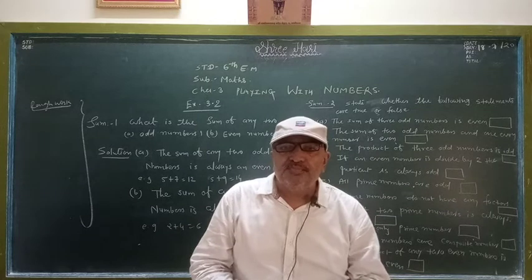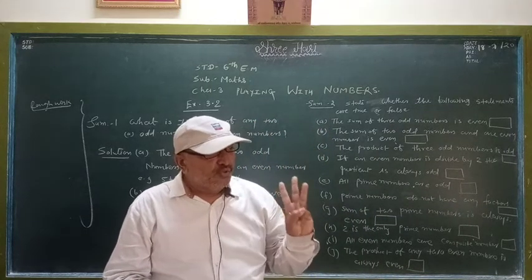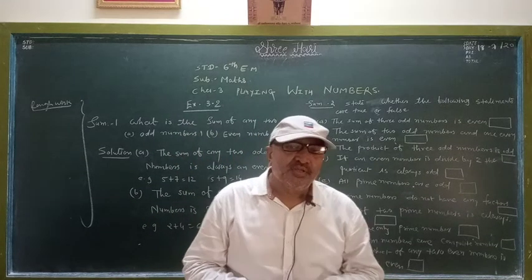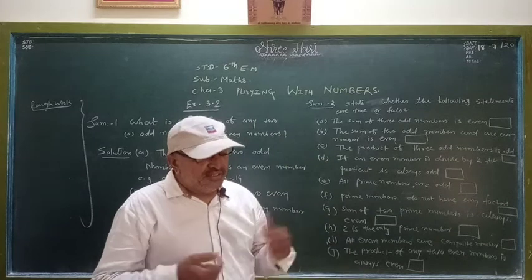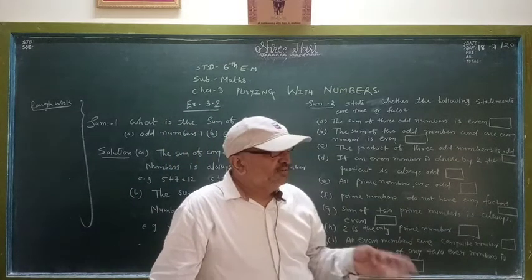Exercise 3.1 is in two parts. One is factors and second is multiples. So what is a factor? We studied it last period, and what is a multiple? We studied that last period.